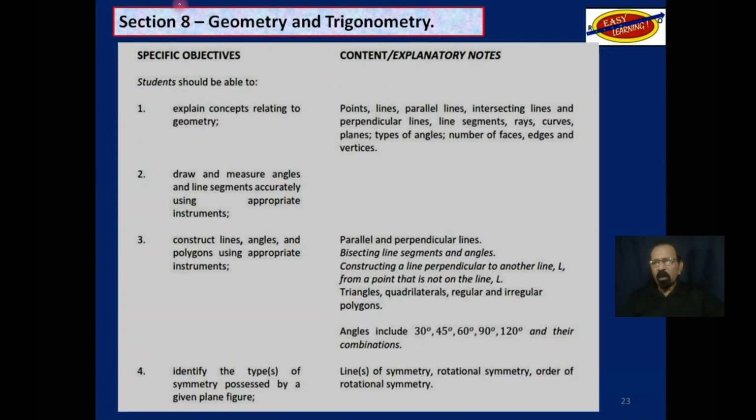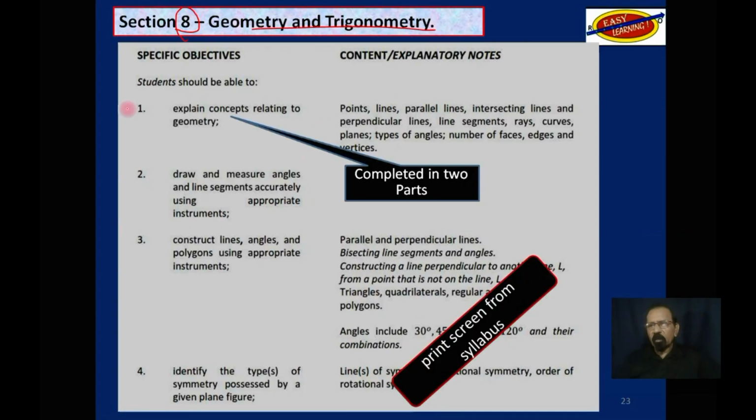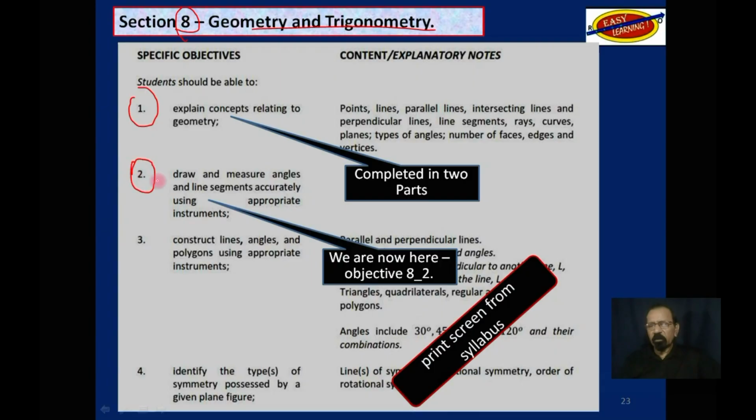This is a print screen of the first page of the syllabus from section 8 as it relates to geometry and trigonometry, the section we are now doing. We have completed objective 1 in 2 videos, and we are now at objective 2.